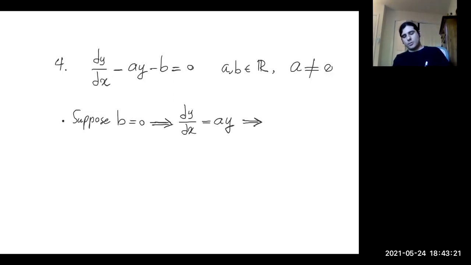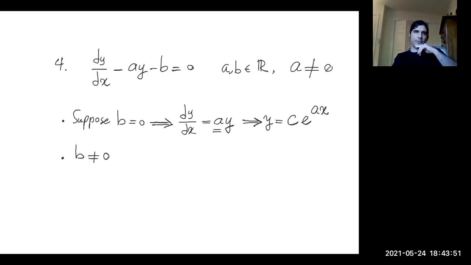The solution was y is equal to a constant times e to the, well, here we have a. In the first example, we had lambda ax. But here the difficulty is that b is not 0. So the idea is to somehow convert this to the case where the constant b is equal to 0.